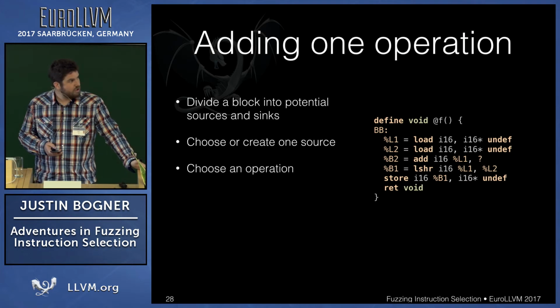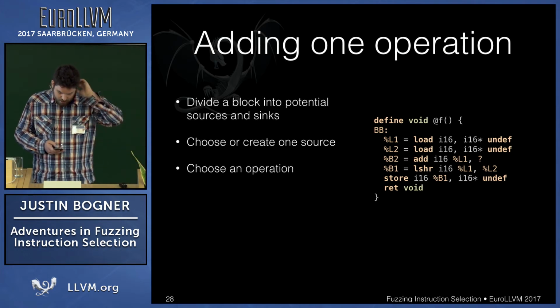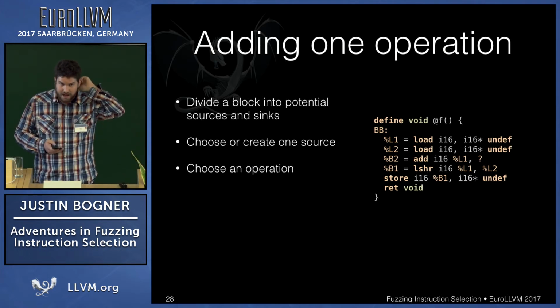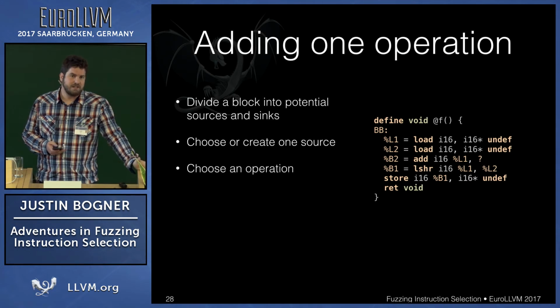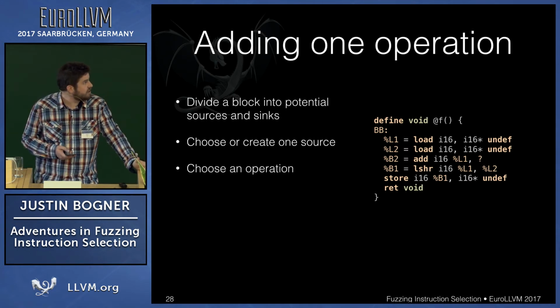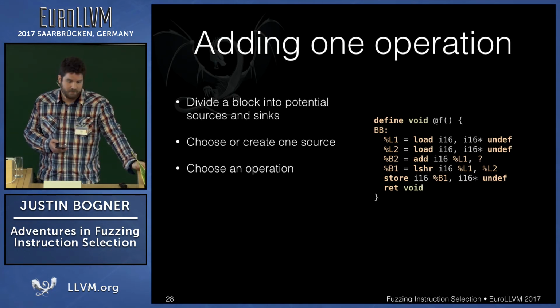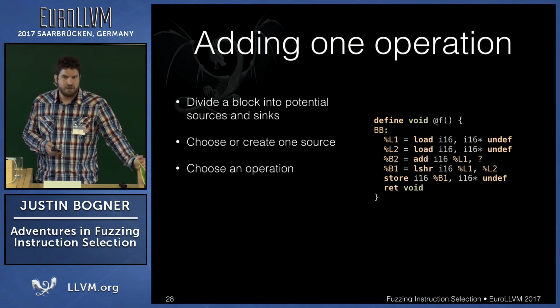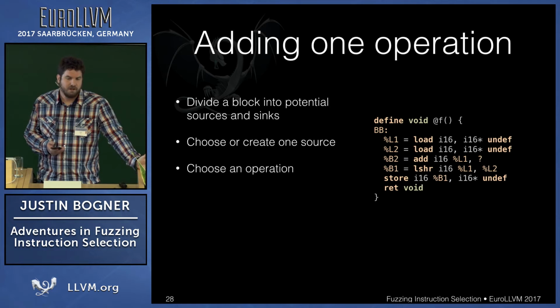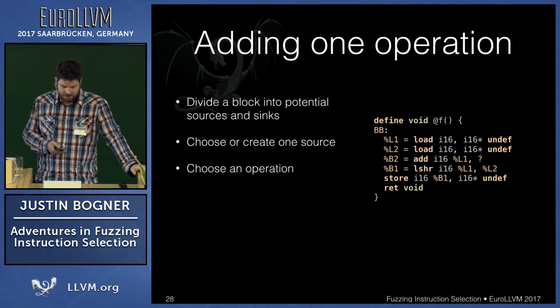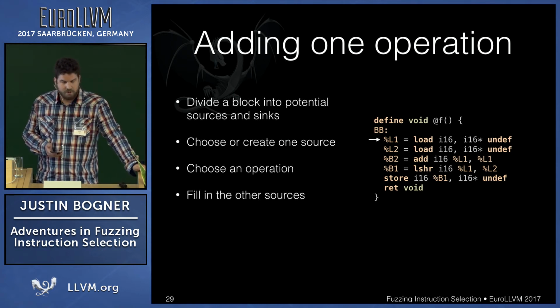Once we have a source, we can choose an operation compatible with it. Since L1 is an I16, we could choose something like add I16 here. We could also choose some other integer math, a bit cast, or a function call that happens to have an I16 as its first argument. But we couldn't choose something like fadd, since the types would be incompatible. Now we need to fill in the rest of the sources for the add.